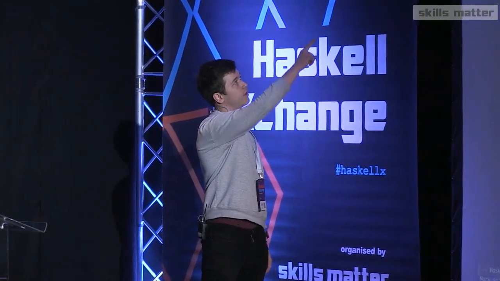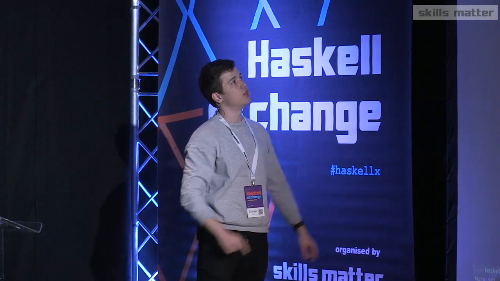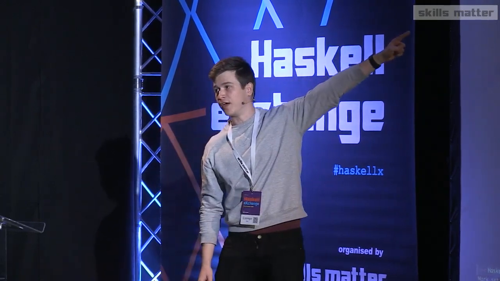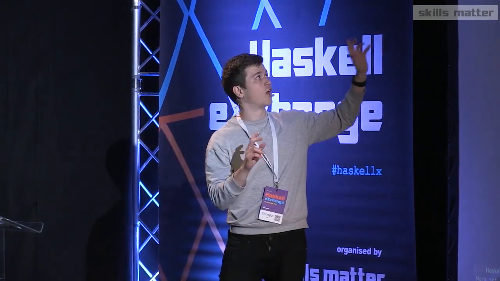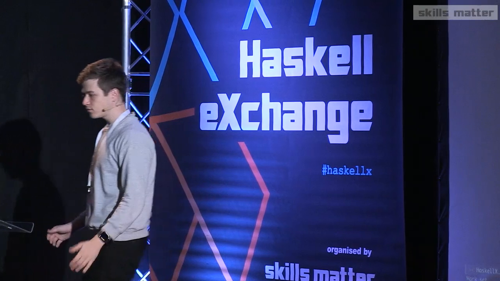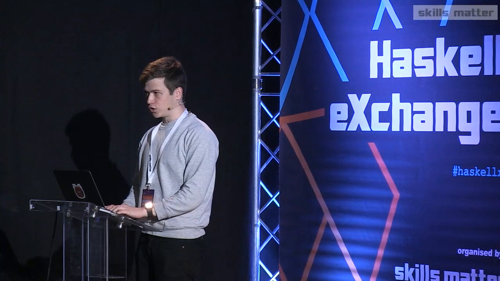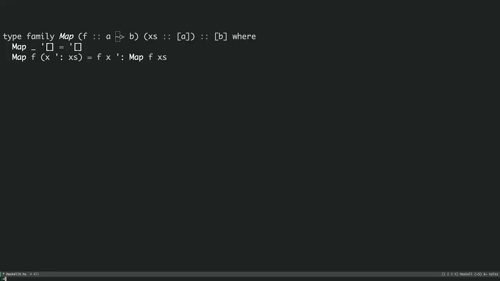The kind of DBType becomes type twiddly arrow type, and we call this twiddly arrow an unmatchable arrow. Great. So now that we've done that, we can go to the map type family and replace its function argument with the twiddly arrow, or the unmatchable arrow.